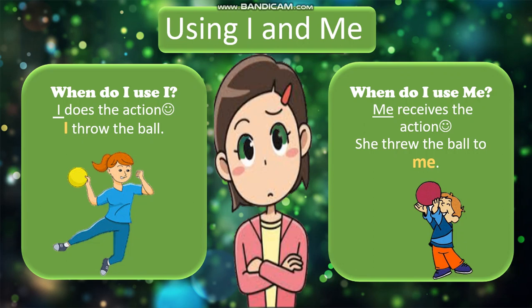Me receives the action. She threw the ball to me. The girl was throwing it and he is receiving it. So here she says, I throw the ball. And here he says, she threw the ball to me. So he's the receiver of the action.